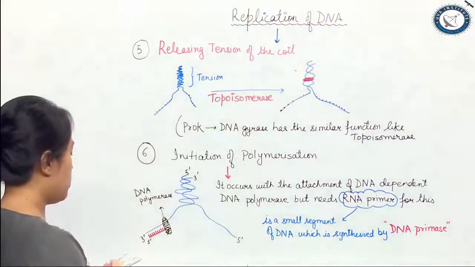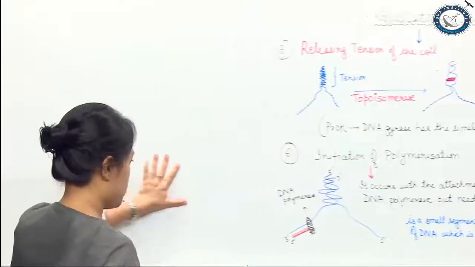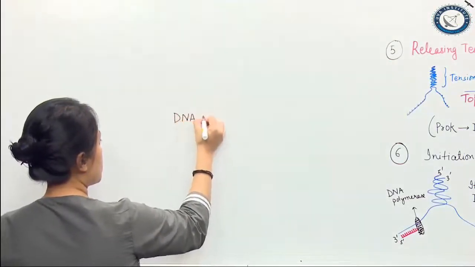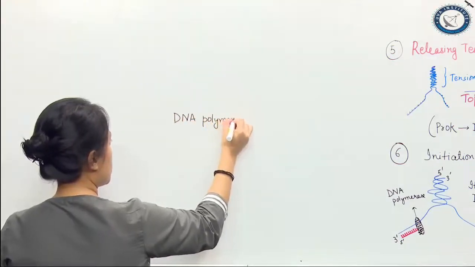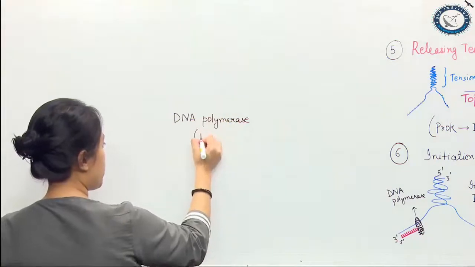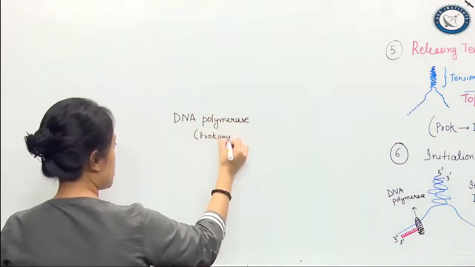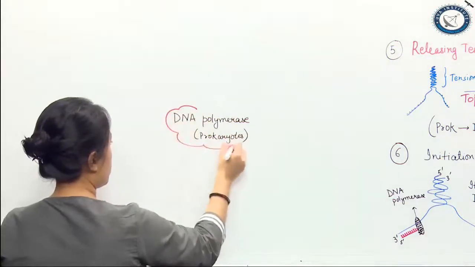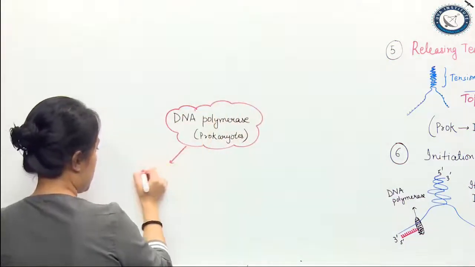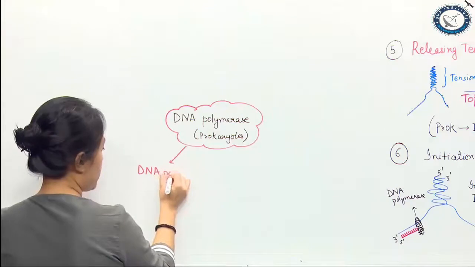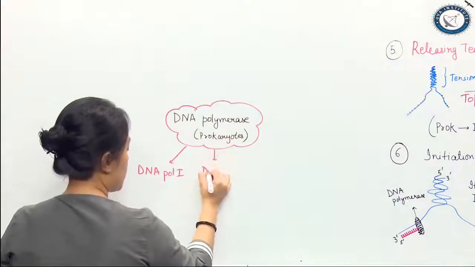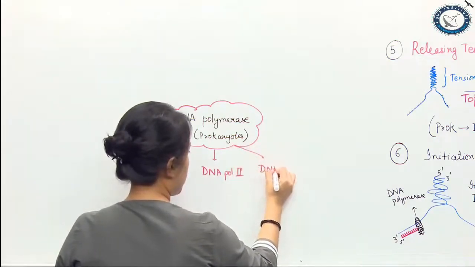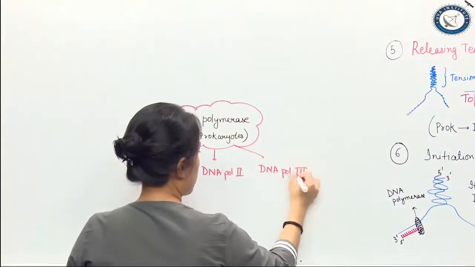Before I explain further, let me tell you one more thing quickly. When I am talking about DNA polymerase in prokaryotes, they are of 3 types: DNA polymerase 1, DNA polymerase 2, and DNA polymerase 3.